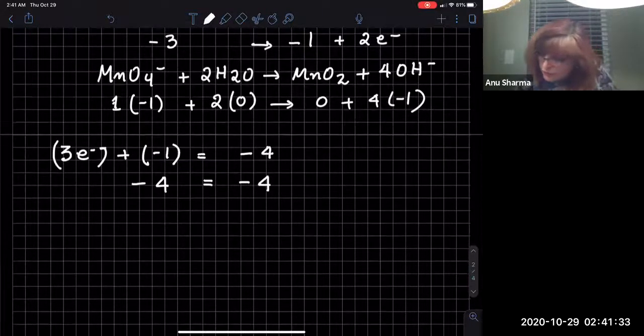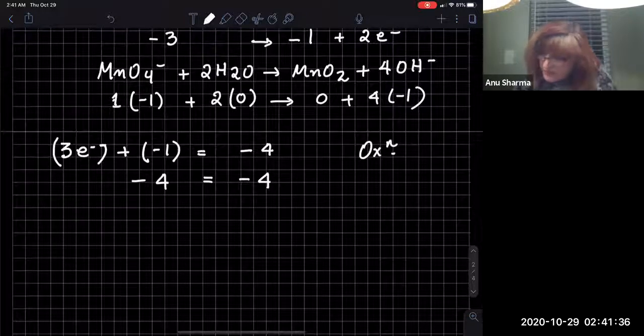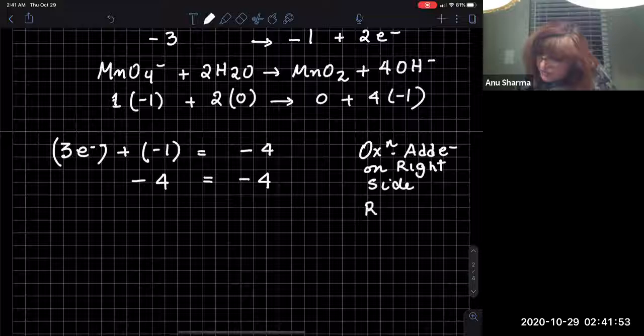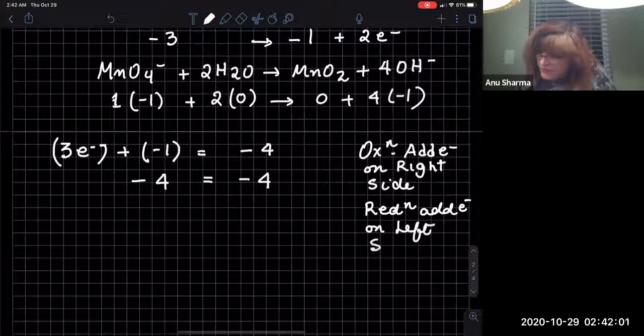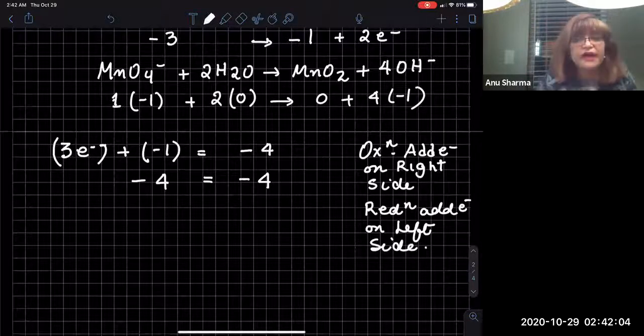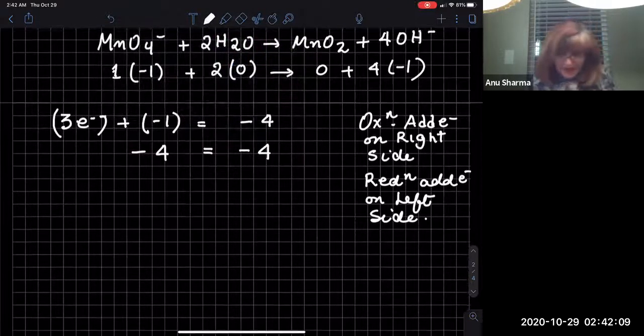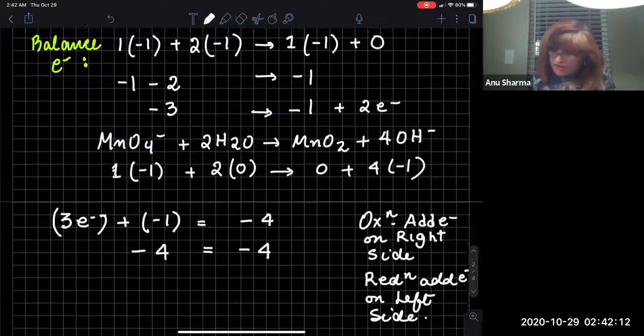I'm going to put this here: for oxidation, add electrons on the right side, and for reduction, add electrons on the left side. This was already in the rules that we've gone through in one of the previous videos. All right, so now we got these charges balanced.